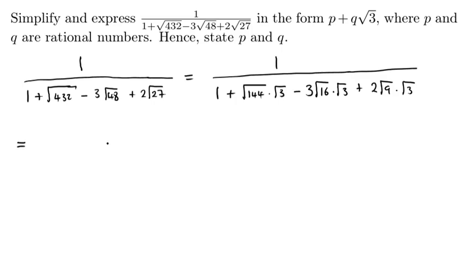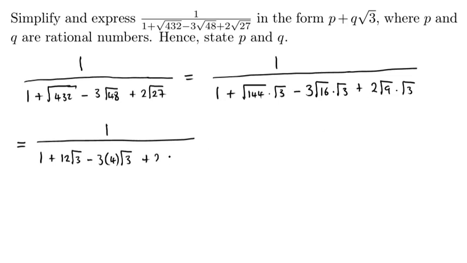So this equals, numerator, still have 1. Denominator, we'll say 1 plus, the square root of 144 is 12. So 12 root 3. Square root of 16 is 4. So we'll say 3 times 4 root 3. Square root of 9 is 3. So we'll say 2 times 3.